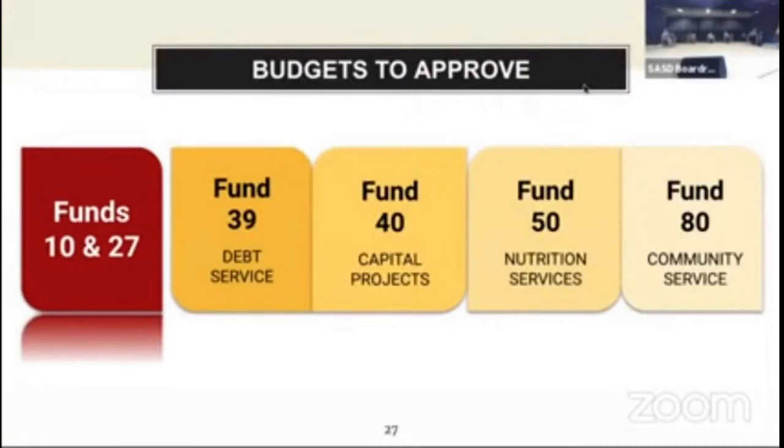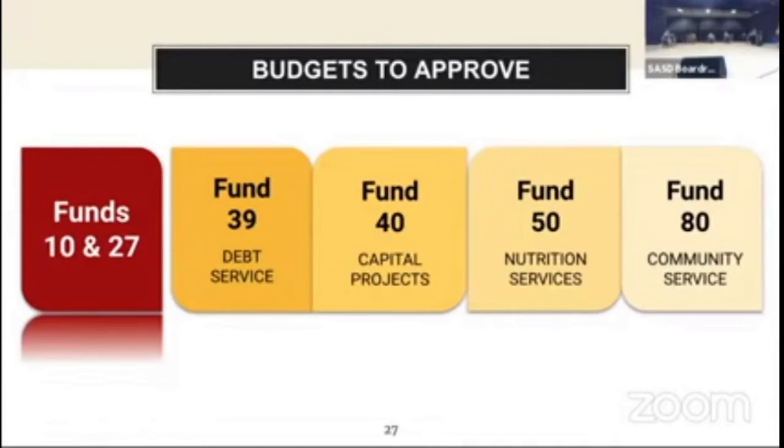This part will be pretty quick. I just kind of wanted to summarize the funds that we just talked about. Funds 10 and 27 are balanced. Fund 39, we'll need to discuss tonight what we want to do as far as if we'd like to levy additional funds to prepay debt.